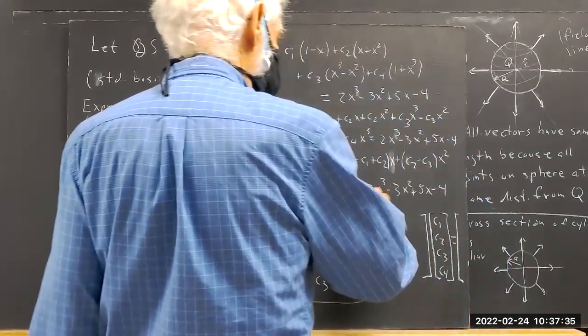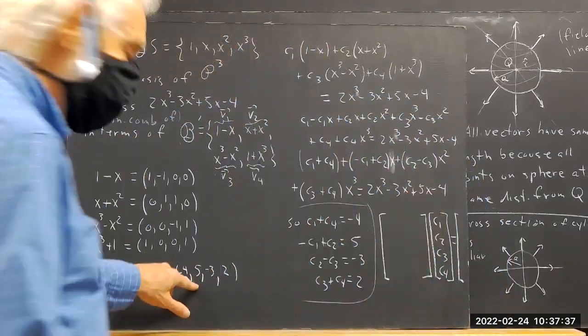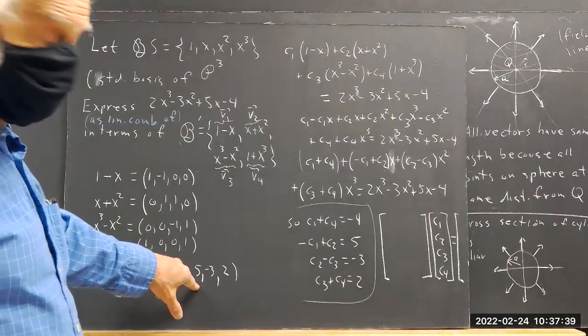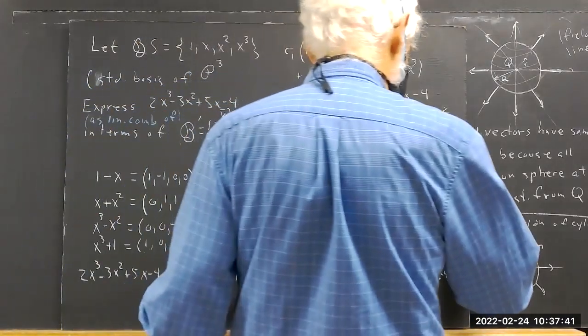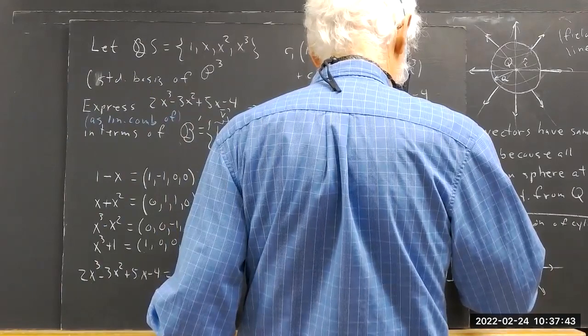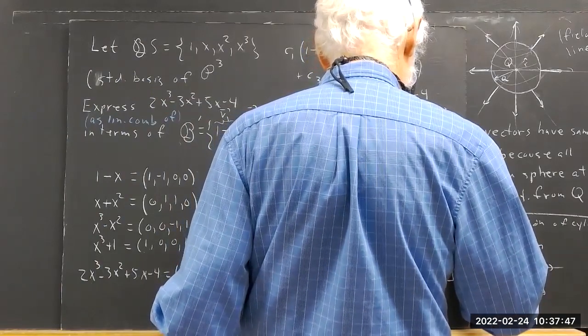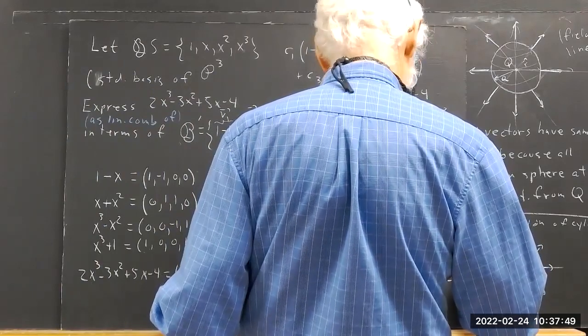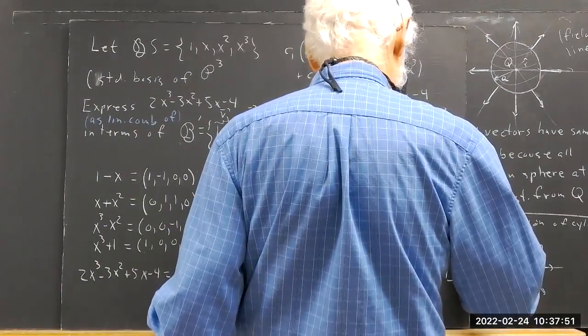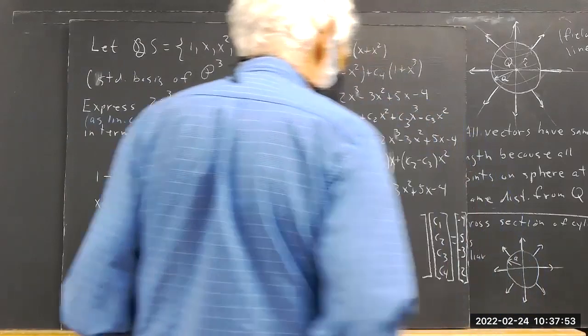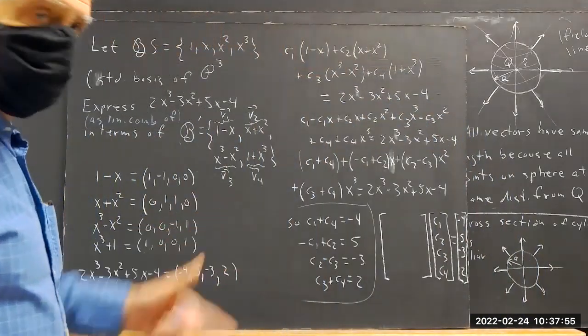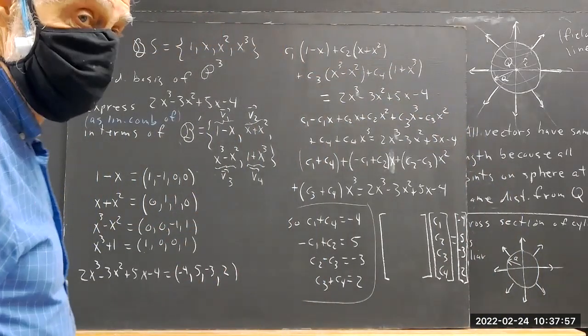And that's got to equal the target vector, right? That's barely right. Hopefully you can read it, you understand what's there.